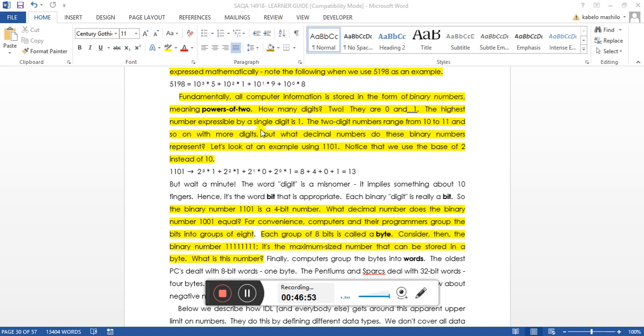The highest number expressible by a single digit is 1. The two-digit numbers range from 10 to 11, and so on with more digits. But what decimal numbers do these binary numbers represent? Let's look at an example using 1101. Notice that we use the base of 2 instead of base of 10.